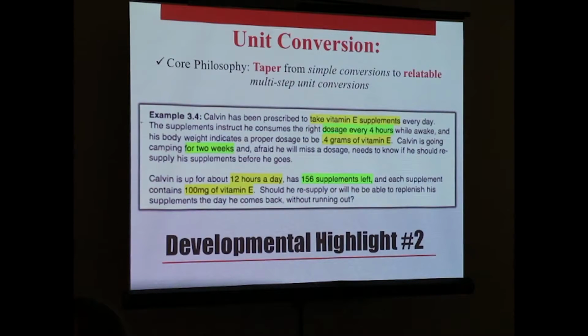There's a reason for putting the students through a multi-step problem like this. We're going to give them information about dosages at certain time frames. You're going to be looking at the weight of those dosages, and then essentially you're asking the student, what is Calvin here going to have to resupply or not?